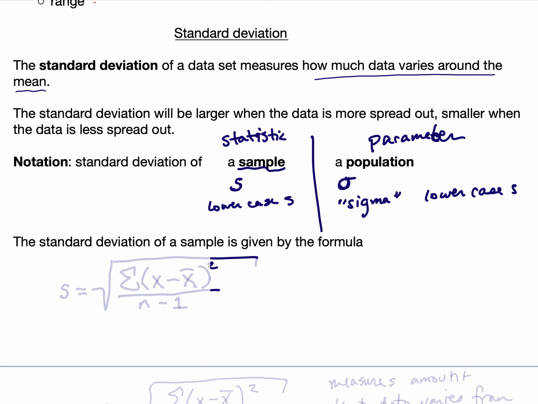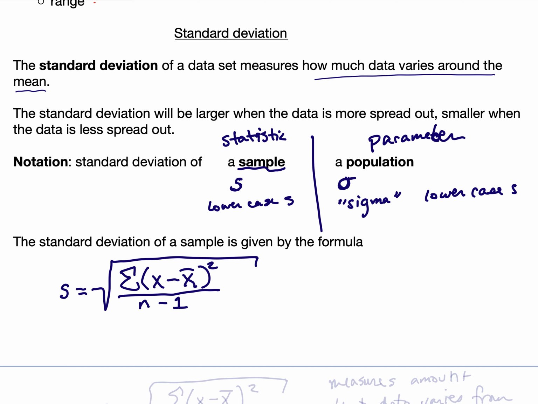Okay, so now let's talk about the formula that gives the standard deviation of a sample. So the standard deviation of a sample s is given by the square root of the sum of each data value minus the sample mean squared divided by the sample size minus 1.